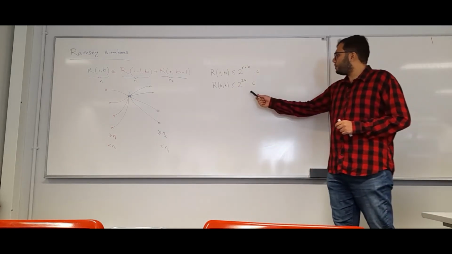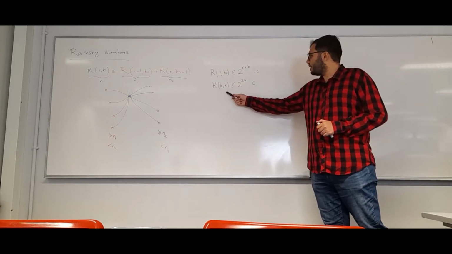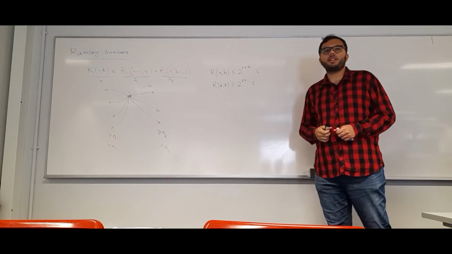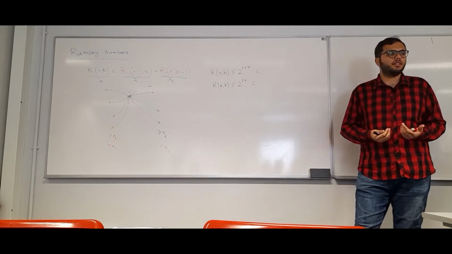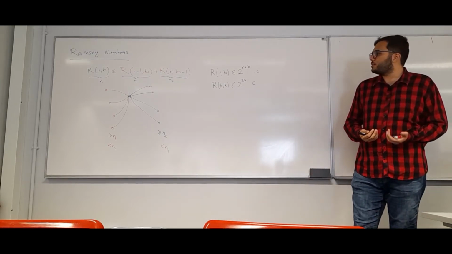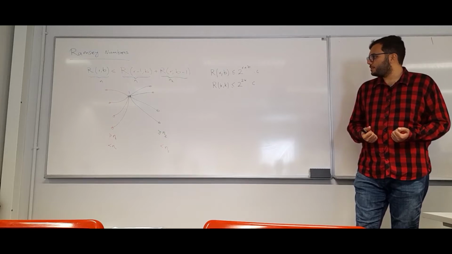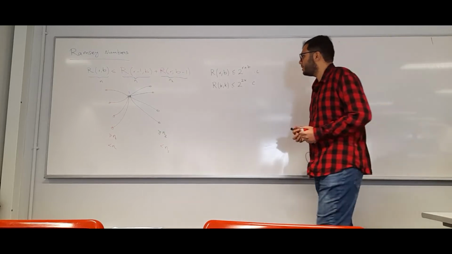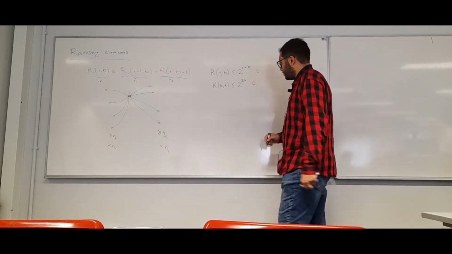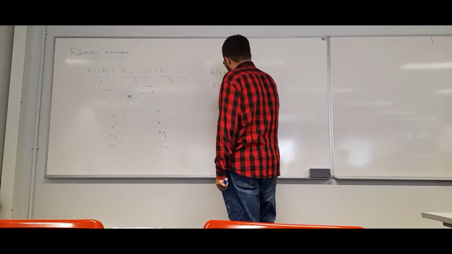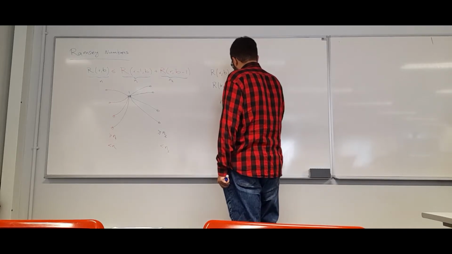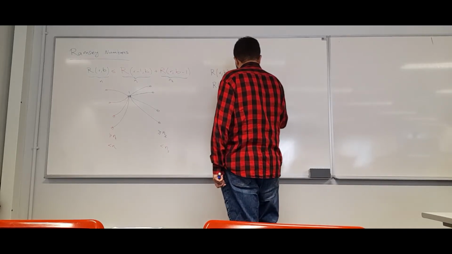So I have an upper bound on R of k, k. I want to see if I can find the lower bound. And I want to use the probabilistic method to find the lower bound. So what does it mean if I say n, some number n, is less than R of k, k?